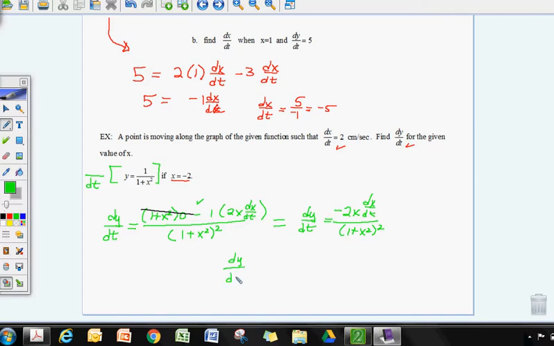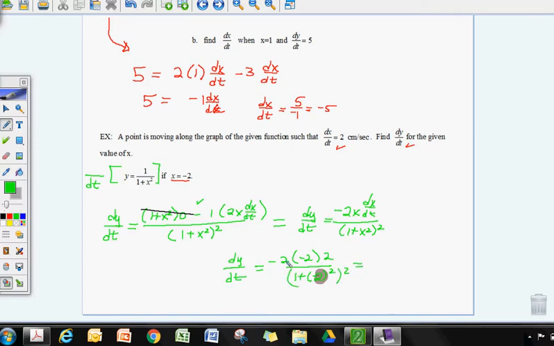dy/dt is going to equal negative, oh, the x value that they gave me was -2, and the dx/dt they gave me was 2, all over 1 plus the x value they gave me, -2, and it's being squared, and then that whole quantity being squared.